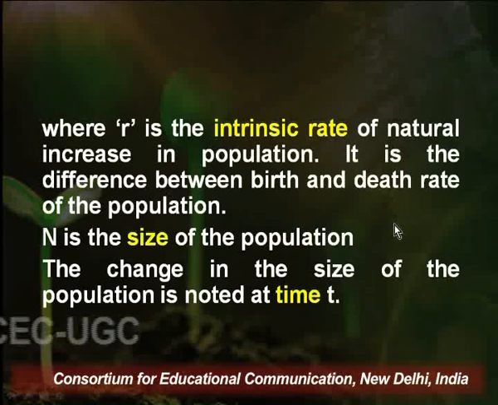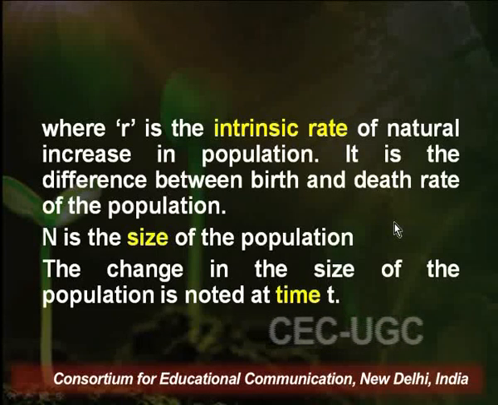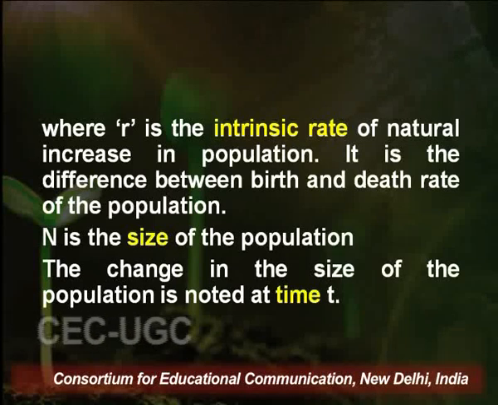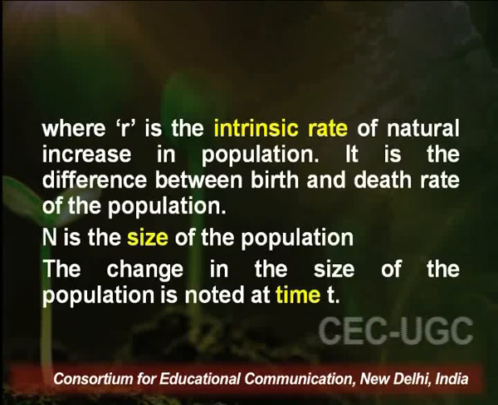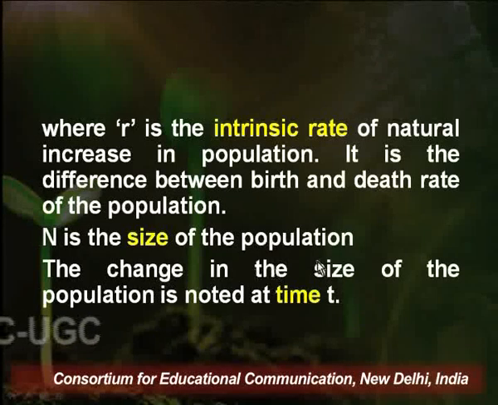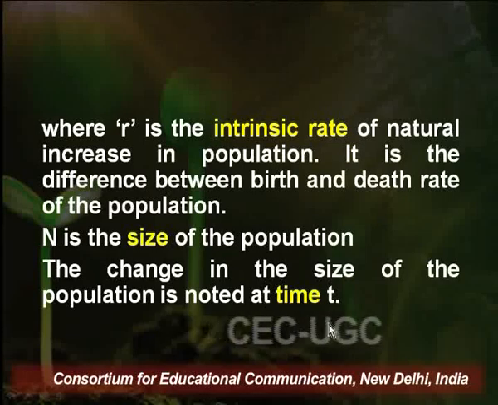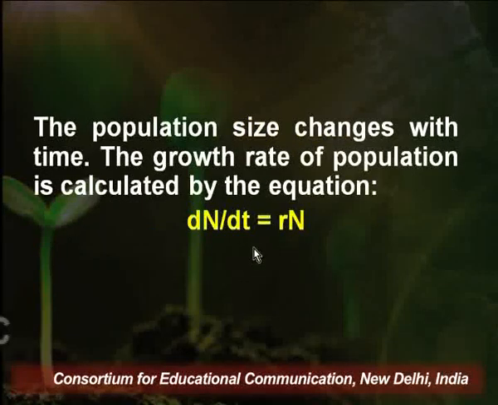So, we calculate the natality and mortality, we subtract it, and that basically forms the intrinsic rate of natural increase in population. In this formula, N is basically the size of the population. The change in the size of the population is noted at a particular time, and that time in this formula is t. You can see here.